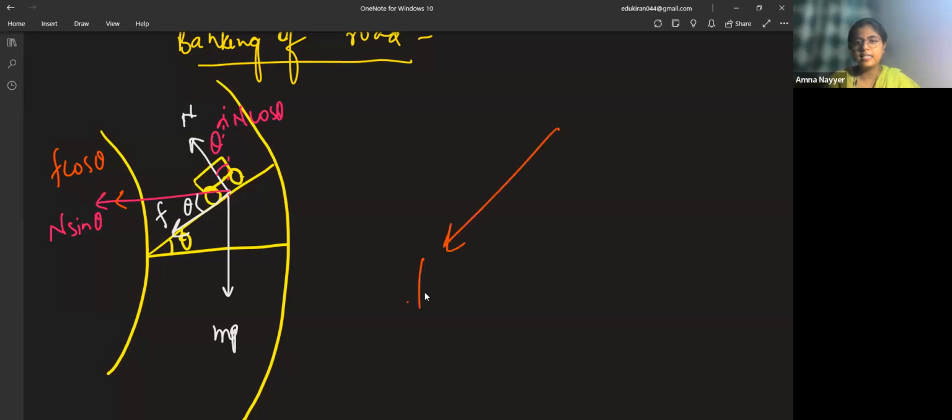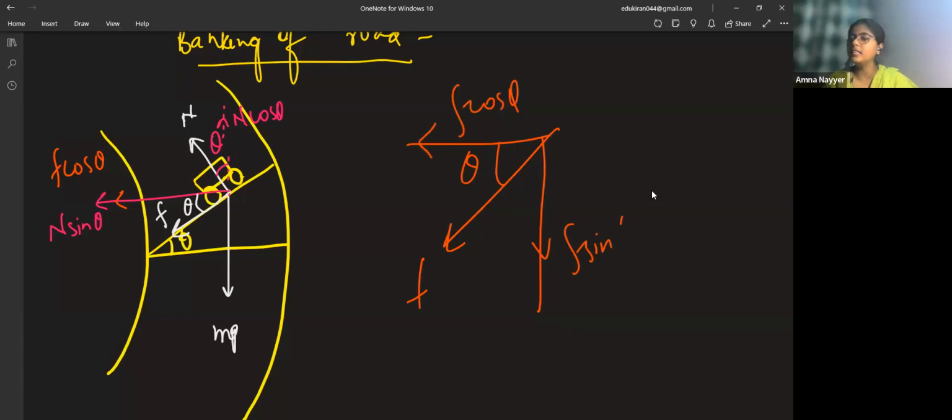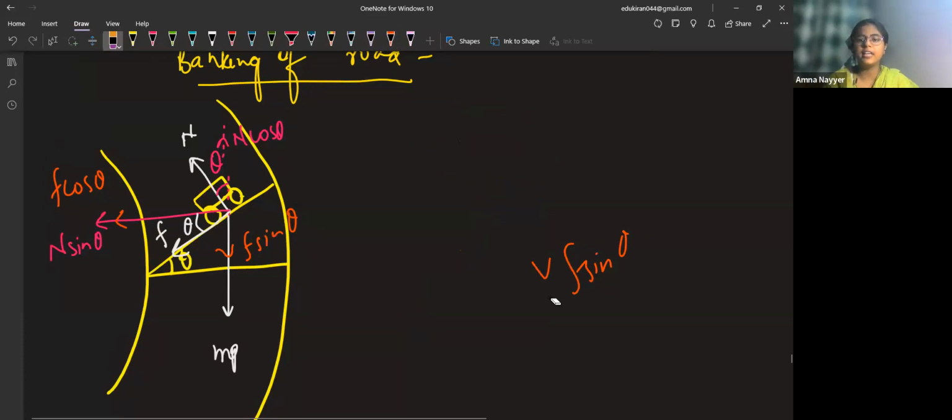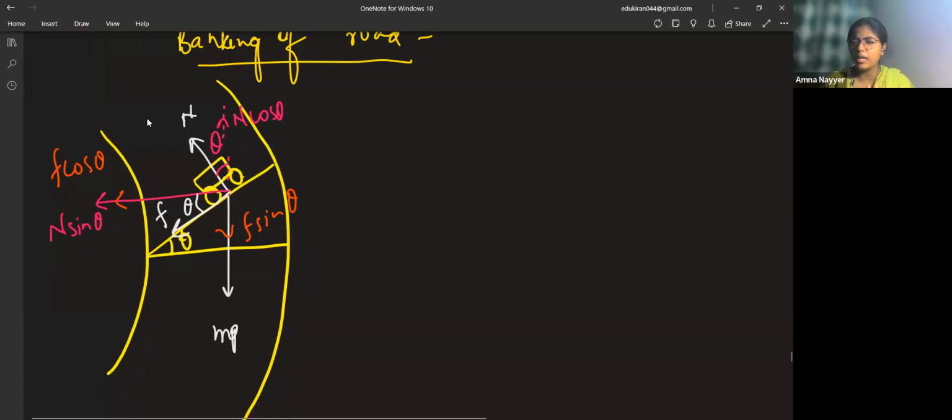It's like this is f, this is theta. So this becomes f cos theta and downwards will become f sine theta. Now resolution of vectors we have completed. That's why I was telling you when we were doing resolution of vectors that it will be repeated. This way only it gets repeated. Separate questions are hardly asked.